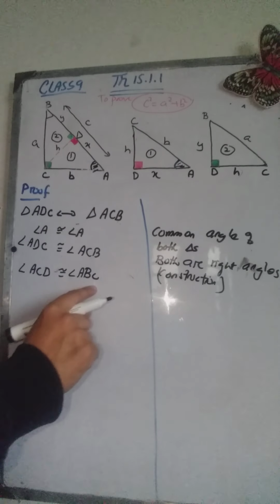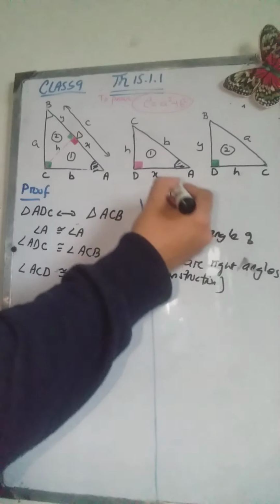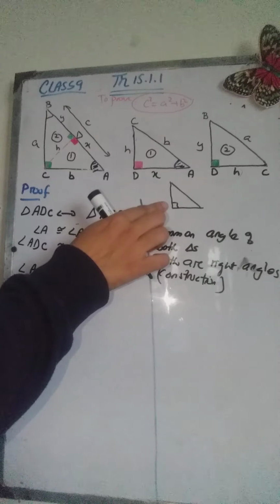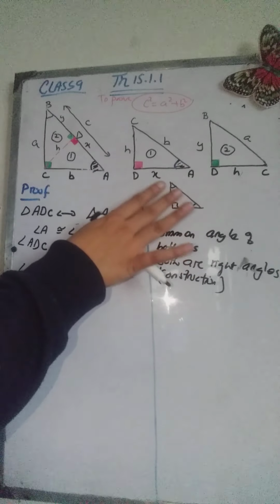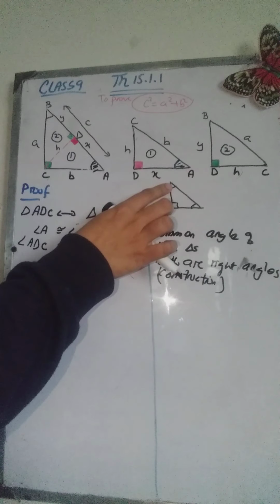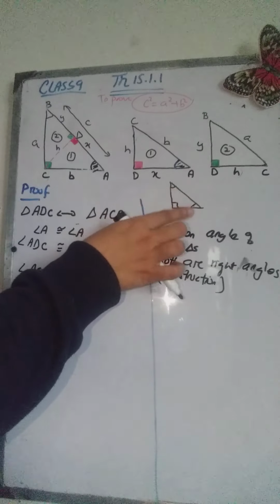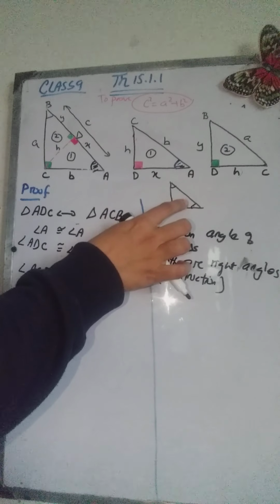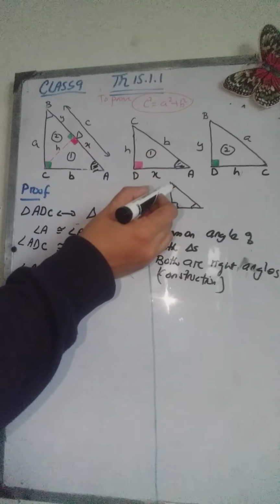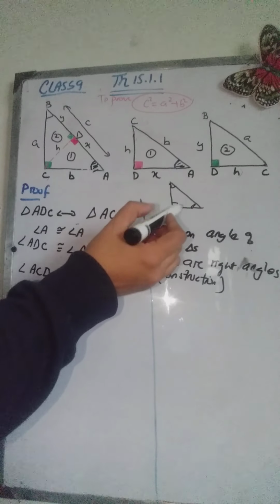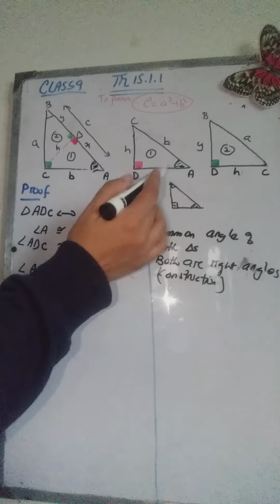The third angle will also be equal, because in a right triangle one angle is 90 degrees and the other two are acute angles whose sum is 90 degrees. So these two angles are always complementary. If this is 30, then this will be 90 minus 30, that is 60. So if two angles are congruent, the third one, which is the complement of this one, will also be congruent.